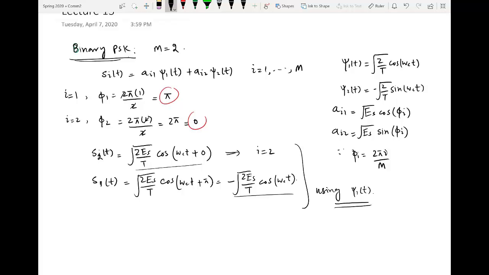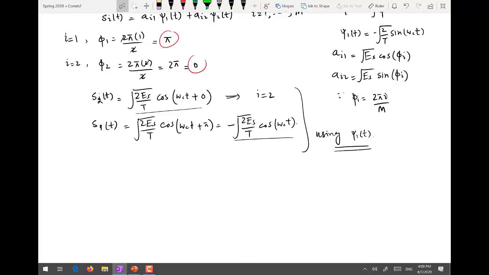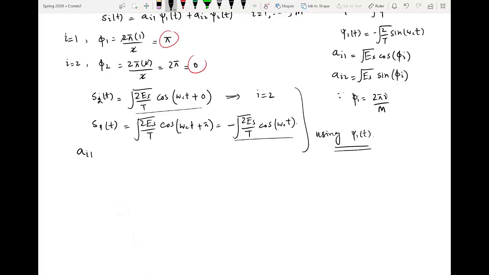So now what about the constellation diagram? If you see the constellation diagram, the values of ai1, because these are the amplitudes of the constellation points, ai1 comes out to be square root of Es cos phi_i. So for i equal to 1, we will have a11 as square root of Es into cos of 0 or cos of pi.